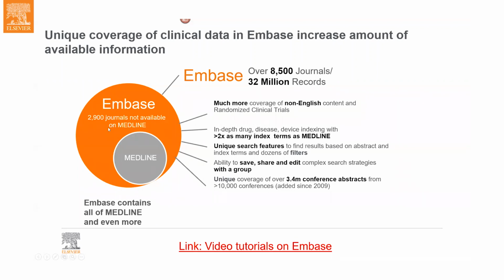In addition to 3,000 unique journals, in Embase you can find a lot of conference abstracts, which is called gray literature, and it's really complicated to get access to this information from any other source. But here, just from one platform, you can get really very comprehensive content.